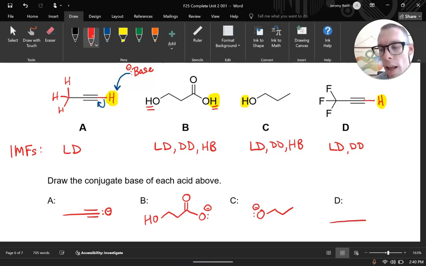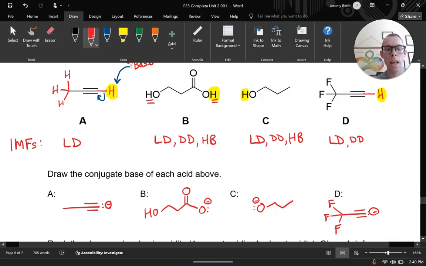And then in D, we'll have our fluorine, fluorine, fluorine, and then our triple bond, which will also be deprotonated and negative. And each of these would be considered our conjugate base. These conjugate bases simply had that proton removed and then got a lone pair on the carbon that that H was originally attached to.